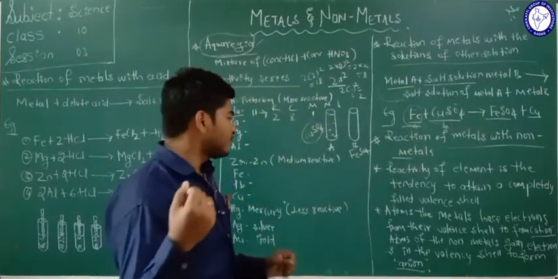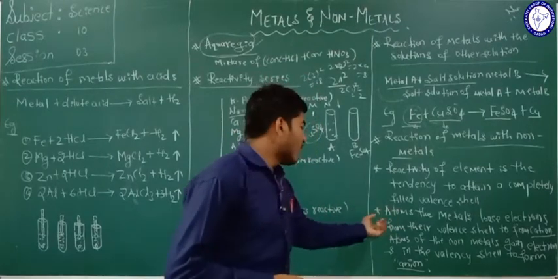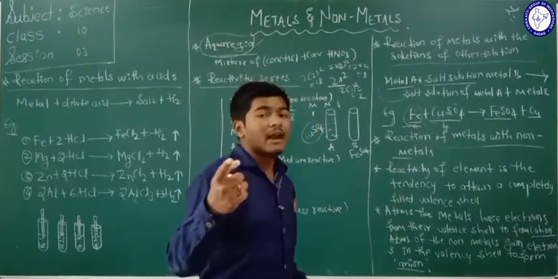Always, atoms of the metals lose electrons from their valence shell to form a cation.